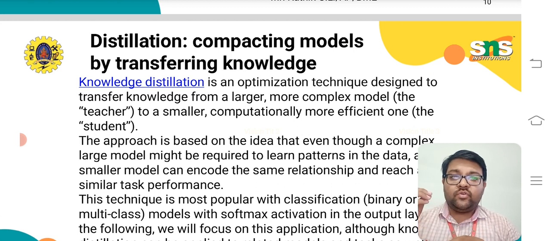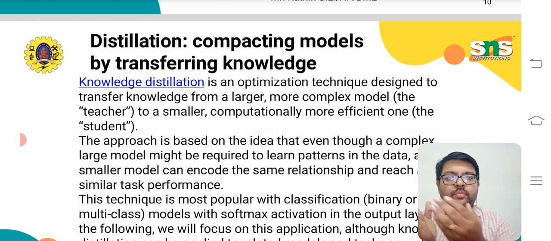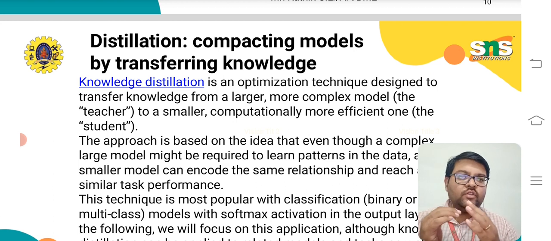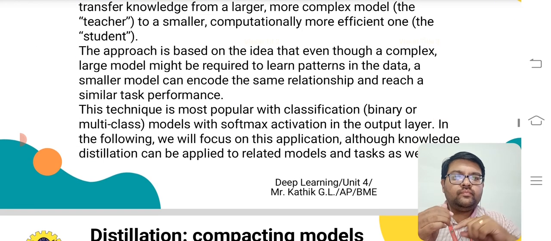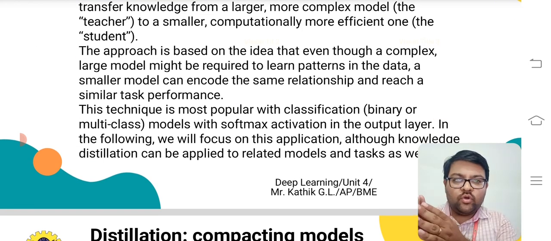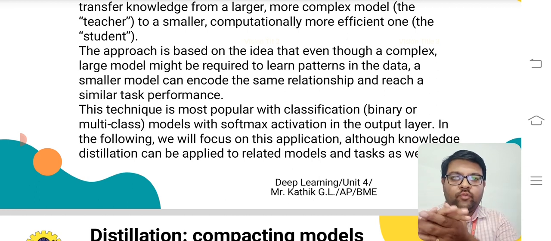It is designed to transfer knowledge from a larger, more complex model, like a teacher, to a smaller, computationally more efficient one, like the student. The approach is based on the idea that even though a complex large model might be required to learn the data, a smaller model can encode the same relationship and reach a similar task performance.